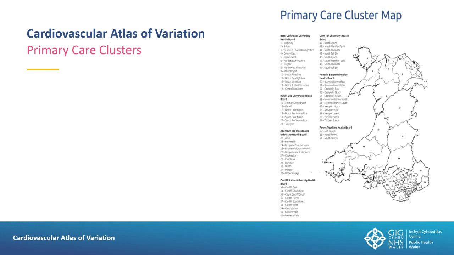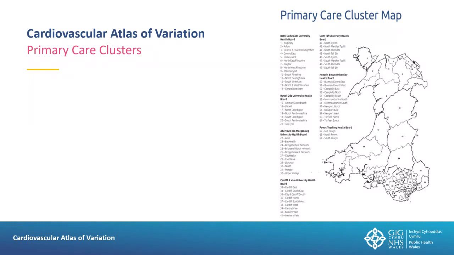There's very rarely single-handed. The size of practices vary from relatively small, 3,000-4,000 population, to much larger populations, up to 30,000-40,000. And the clusters are where geographically practices have combined.